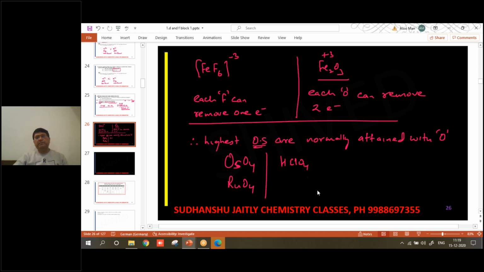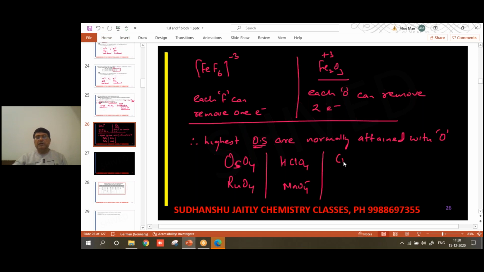Although not very related here, you see HClO4. So oxygen is the Pahalwan which can bring out the highest oxidation state, manganese +7. That is the highest in the first transition series.